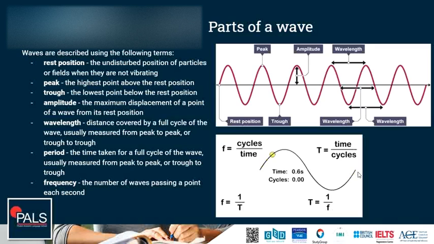That means our period T is 4 seconds. The frequency tells us how many waves we have in 1 second. In this case, this will be 1 over 4, or 0.25 waves per second. The unit of frequency is hertz.